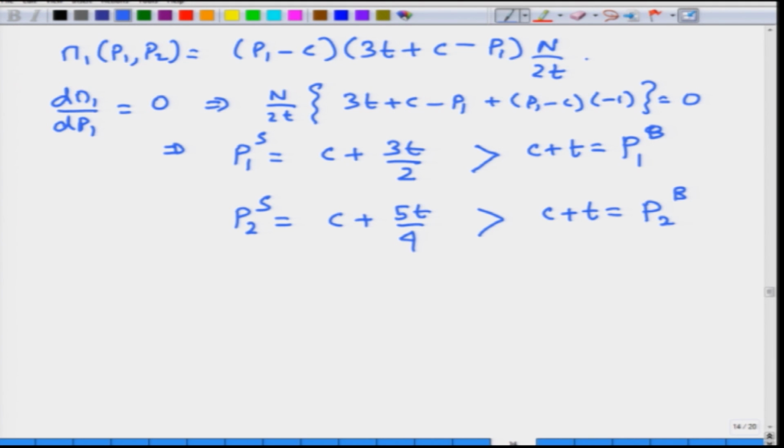If we were to do that, we would find that firm 1 and firm 2 no longer share the market equally.